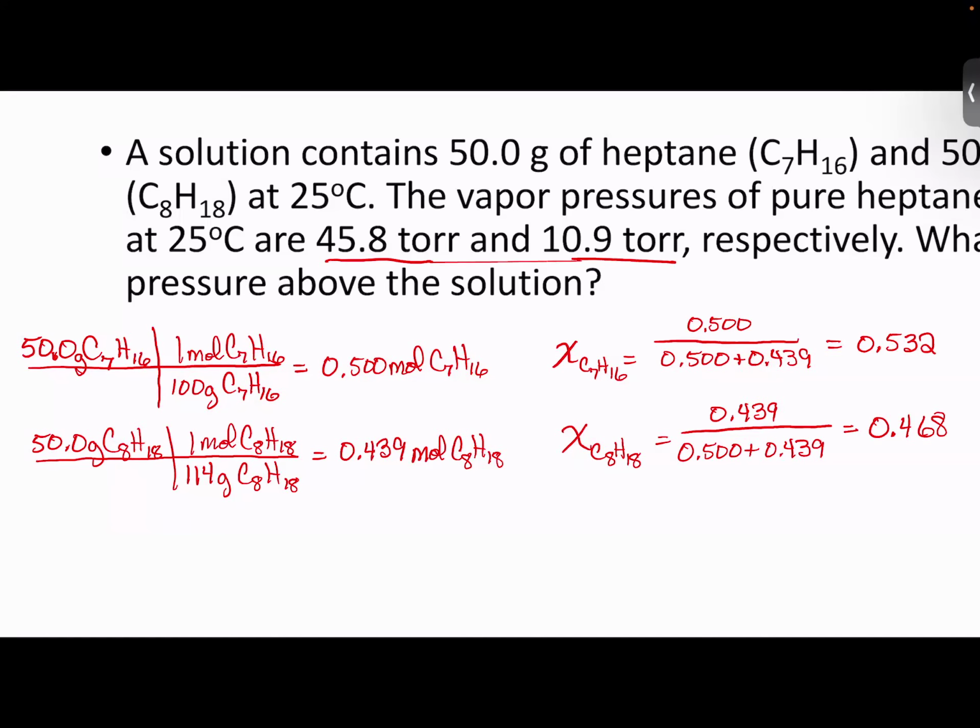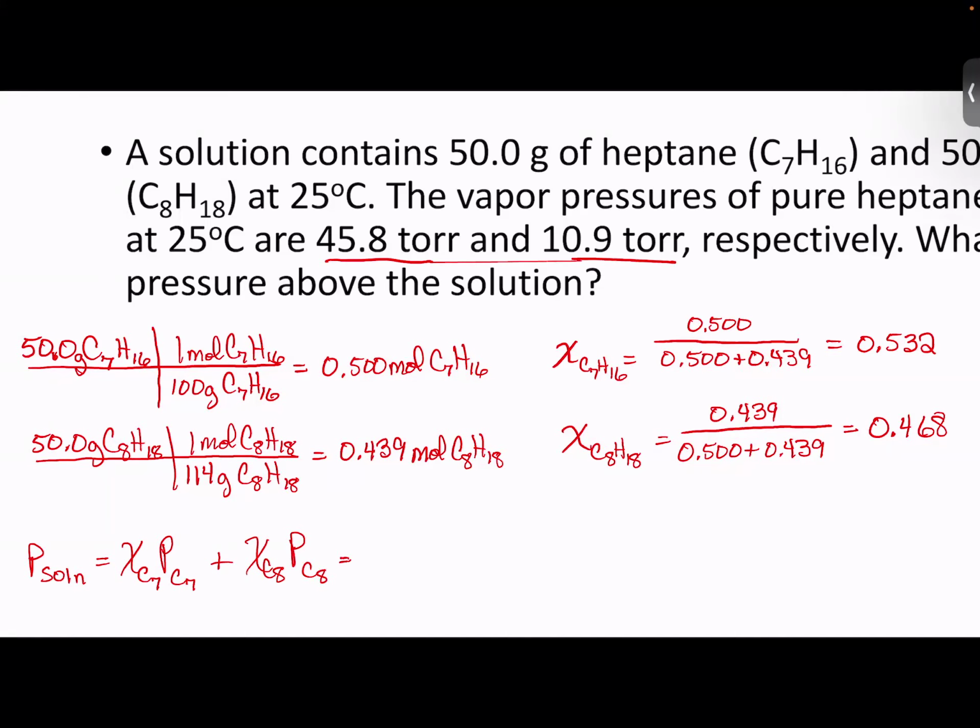Now that I have the mole fraction of each component, I can use the equation and calculate the pressure of the solution. So my pressure of solution, again, is equal to the mole fraction of the heptane times its pressure plus the mole fraction of the octane times its pressure.